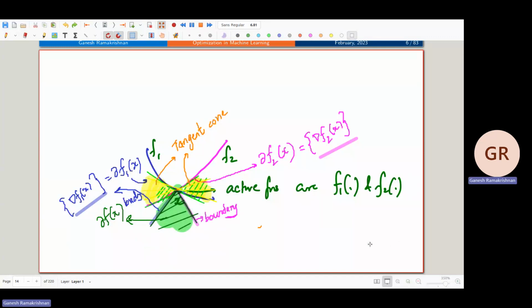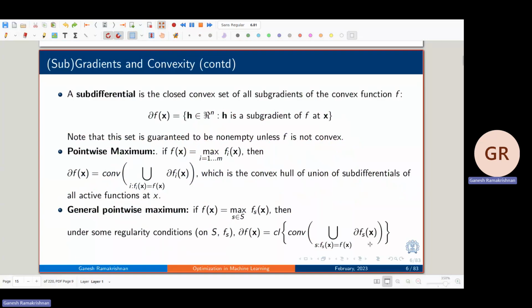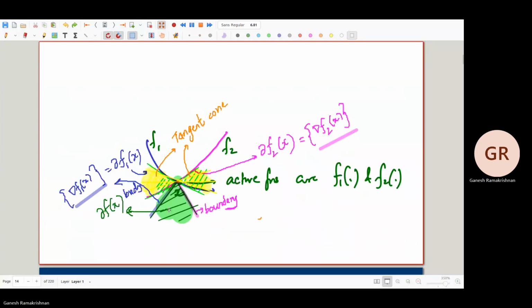Now let's look at a couple more others. I'm not going to spend as much time on others. So you can also have a general point-wise maximum. The boundaries of this, right? Now, as I said, F1 itself could be a max of some functions. F1 itself could be a composition. We'll see more compositions.